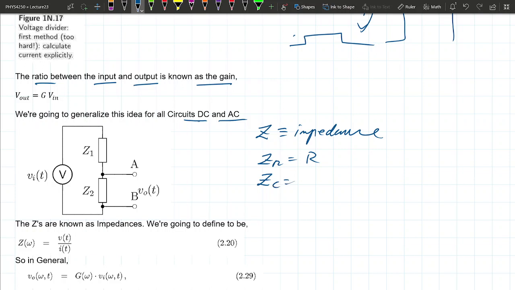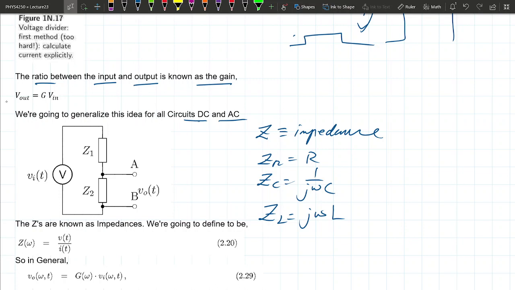Impedance for a capacitor is 1 over J omega C. Impedance for an inductor is just J omega L. You don't have to memorize all this stuff, but it's good to have that idea in your head that different things have different impedances. Some of these impedances depend on omega, which is the angular frequency, which is how fast that AC signal is coming in. And this is where we can actually do a lot of fun stuff with it.